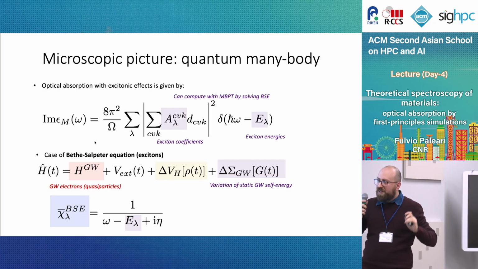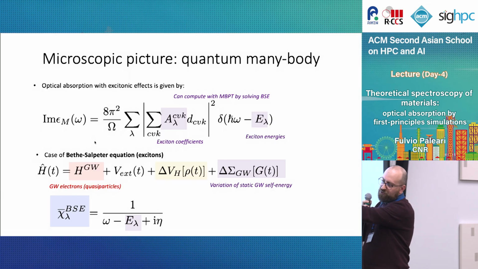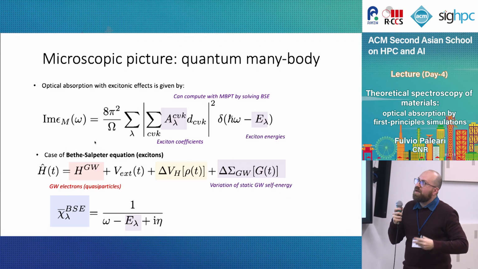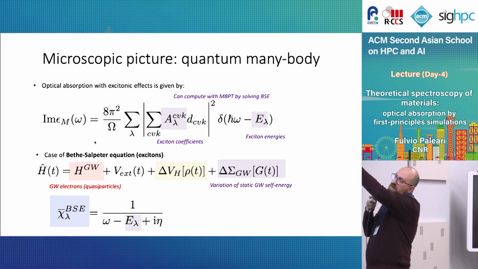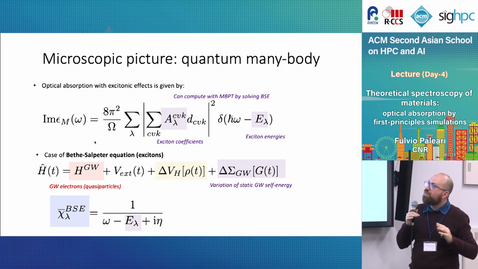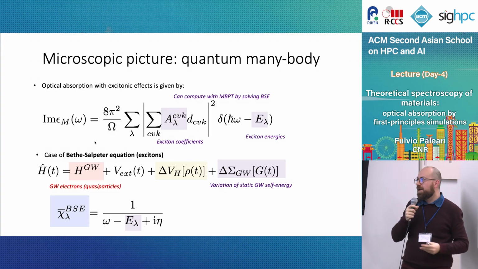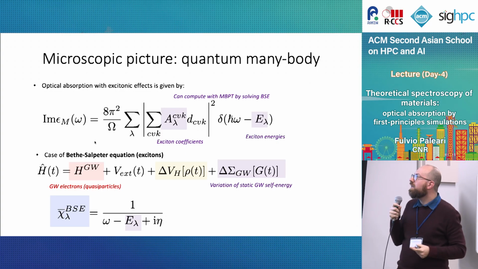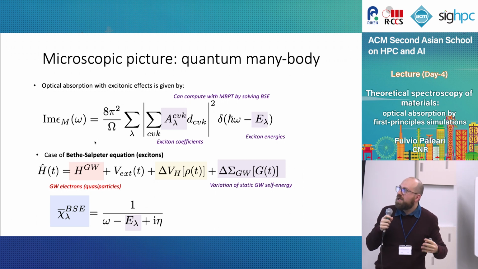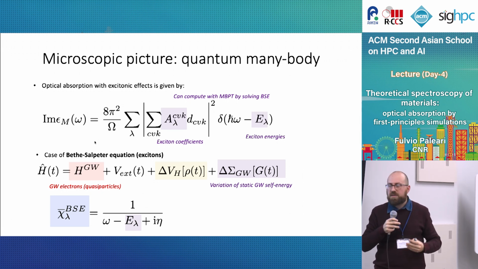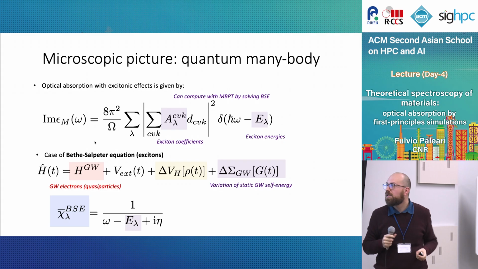Finally, assuming that we can diagonalize it, the expression will become like this. So again, very simple. And we have the final expression for absorption when we include electron-hole interaction, the maximum approximation that is used normally, which is able to capture electron-hole bound states that, as I said before, are typically called excitons.